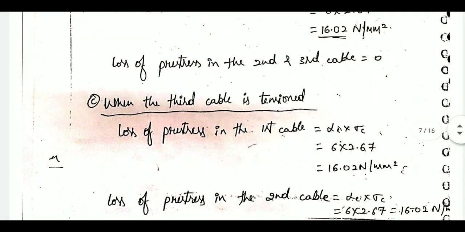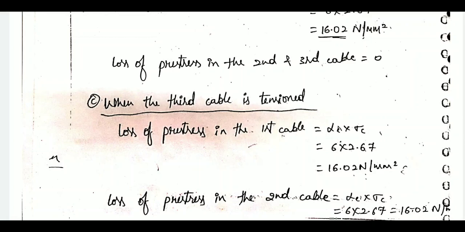Then when you come to the third cable, you need to fix the second one also. While fixing the second cable, again a certain amount of stress is going to be lost in the first cable. So in the first cable you need to find the loss of stress twice.